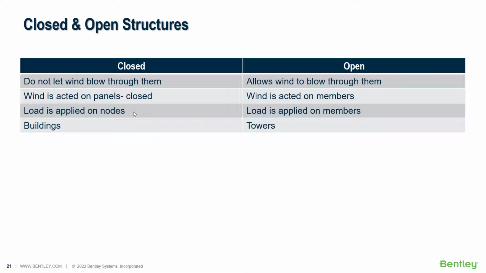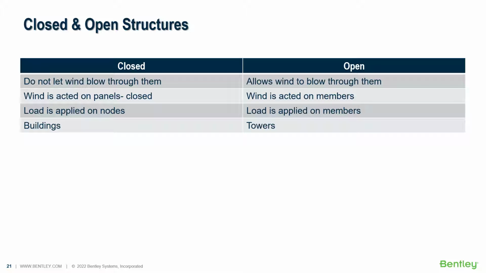In a closed structure, wind load is applied on the nodes, whereas in an open structure it is applied on the members. So the method of load distribution in both these cases will be discussed in the coming slides. Normally commercial and residential buildings come under the closed structure category, and transmission or communication towers come under the open structure category.